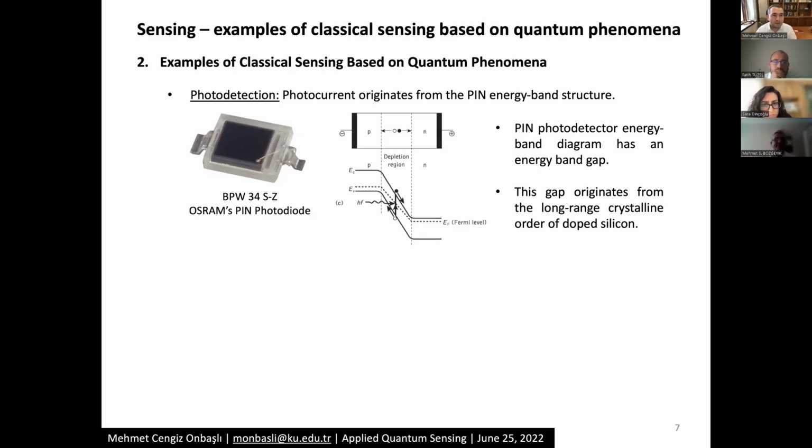So one example here is a photodetector from Osram. I looked it up from a vendor's website, and there's a PIN silicon photodetector. What we see here is the photodetector's packaging, and we send light onto this chip, and we detect the photocurrent out of the leads of the sensor. The way it works is we have this energy band diagram where as we are traversing through the doping regions, we observe differences in valence and conduction band energies.